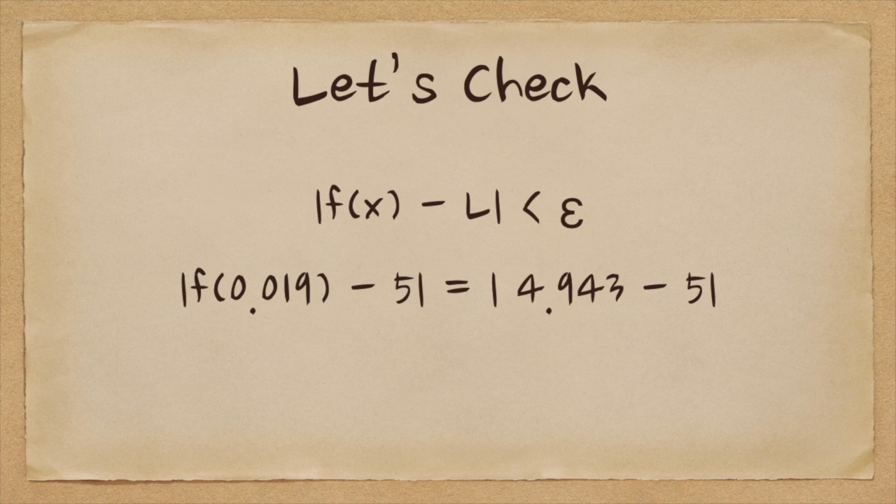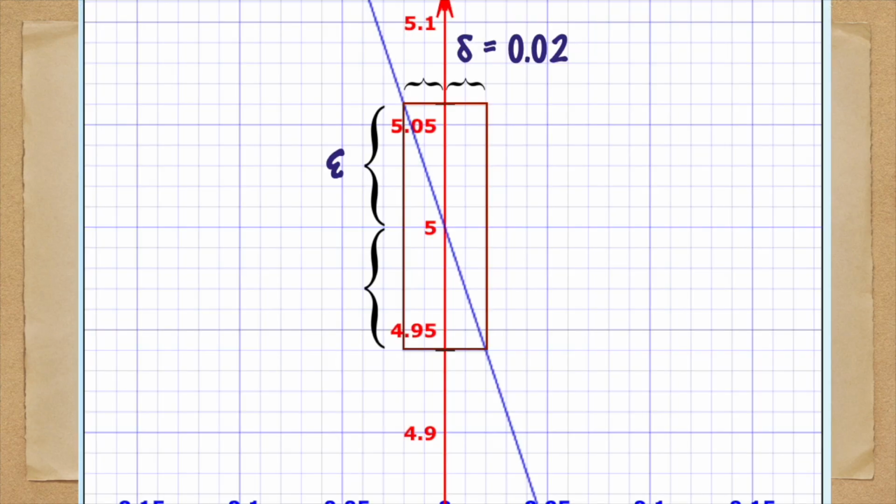Subtract the limit, which is 5, and we get that that's 0.057, which is less than 0.06. So we're good. So when x equals 0.019, f of x equals 4.943, and is within epsilon of our limit 5.